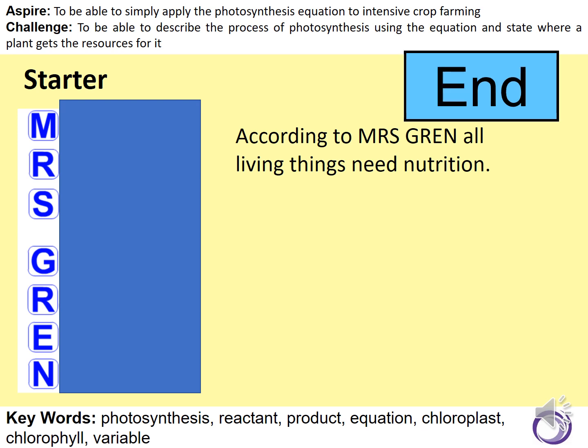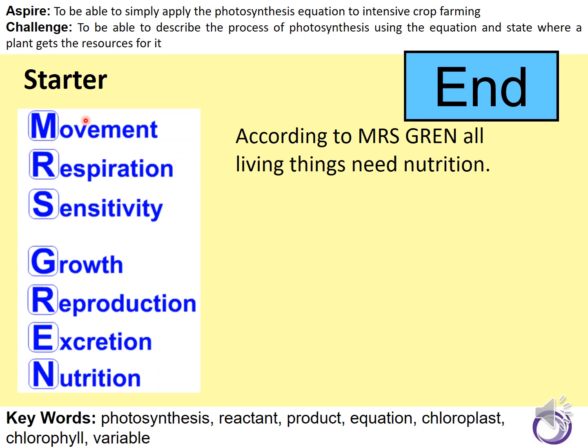Okay, so I've given you a help with N, which stands for nutrition, but I wonder how many of the others you've managed to sort out. So let's just spend a few moments on these. M standing for movement, R standing for respiration.